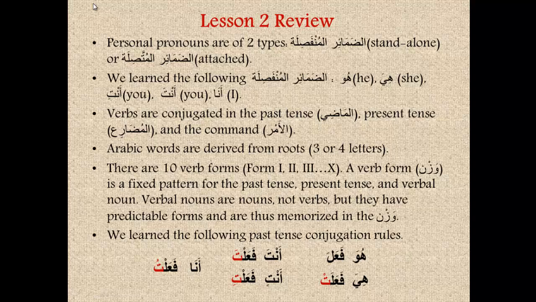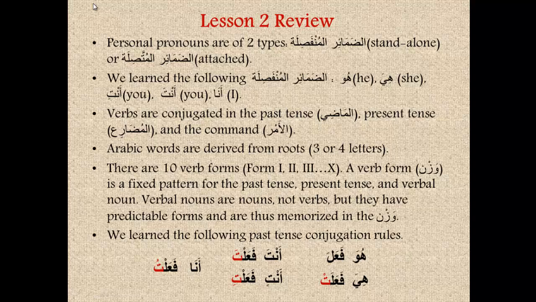There are 10 verb forms in the Arabic language that are in use today, and they are numbered form 1, 2, 3, 4, etc. to form number 10 using Roman numerals. A verb form or wazn is a fixed pattern for the past tense, the present tense, and the verbal noun. Verbal nouns are nouns, they are not verbs, but they have predictable forms and thus are memorized along with the past and the present in the wazn.